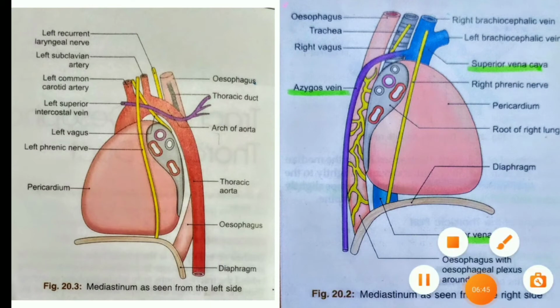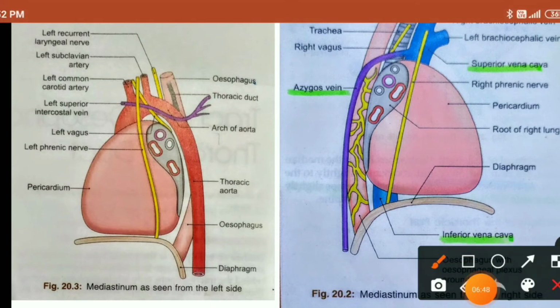Here you have a look at this diagram. This diagram is a bit critical to understand, but let me explain it in a very simplified manner. Here what we are seeing is that we are visualizing trachea from the left side of the mediastinum and from the right side of the mediastinum.